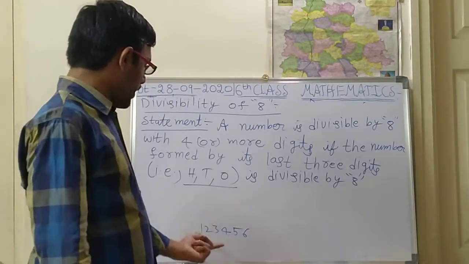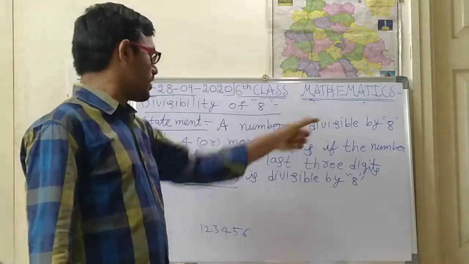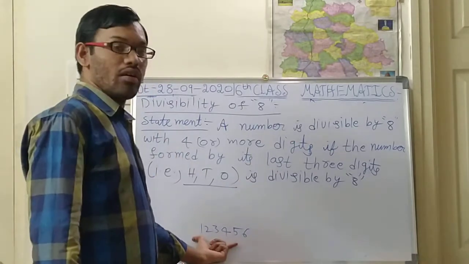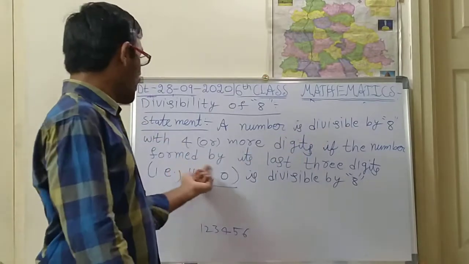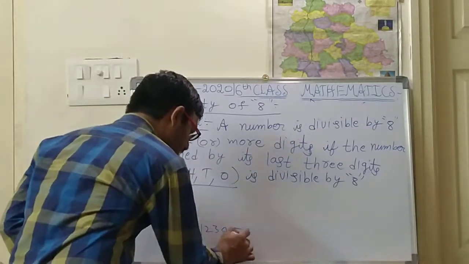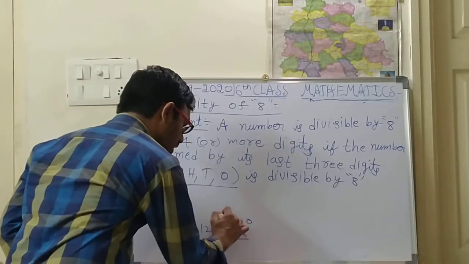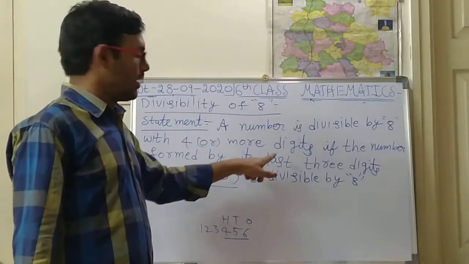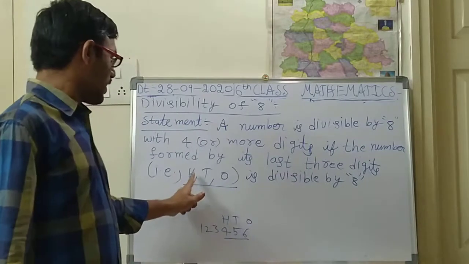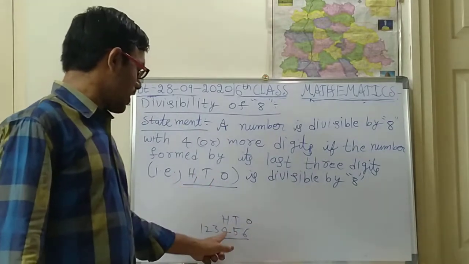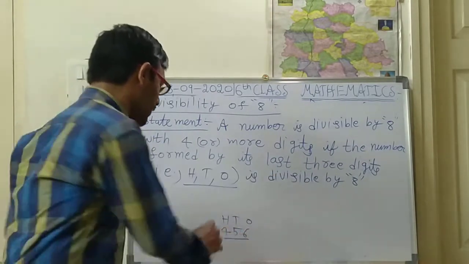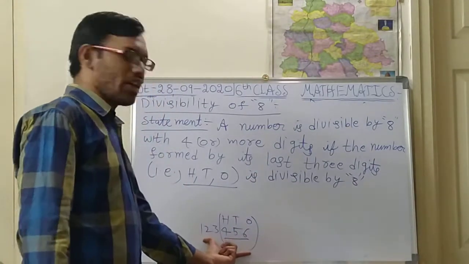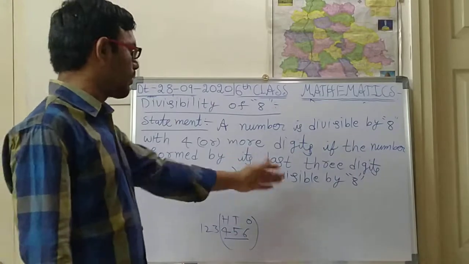A number with 4 or more digits is divisible by 8 if the number found by its last 3 digits, that is hundreds, tens, ones, is divisible by 8. If this number is divisible by 8, then automatically the total number is divisible by 8.